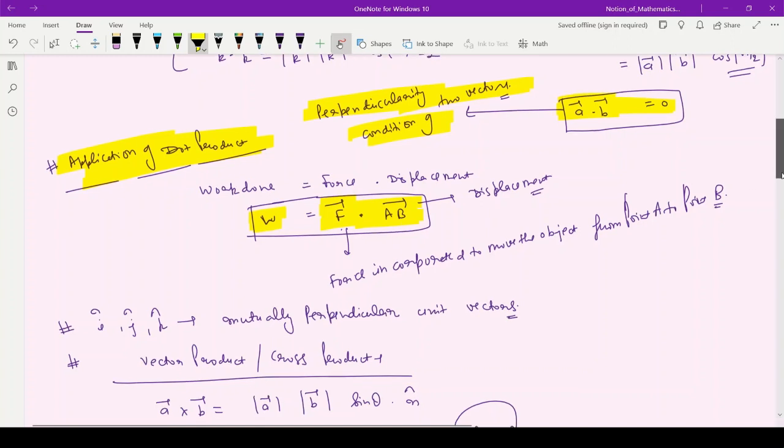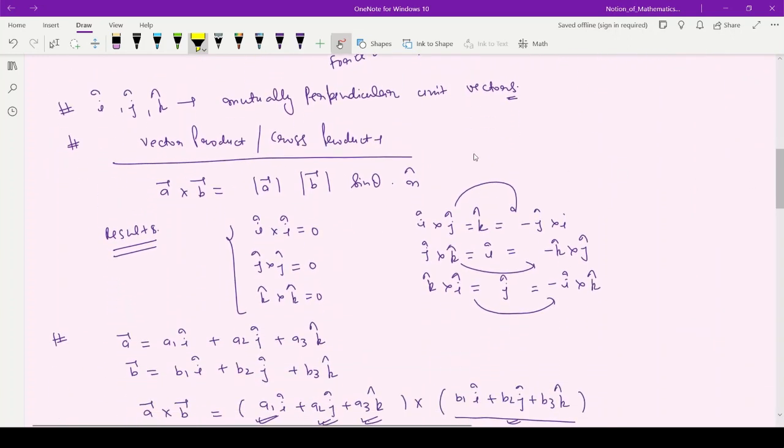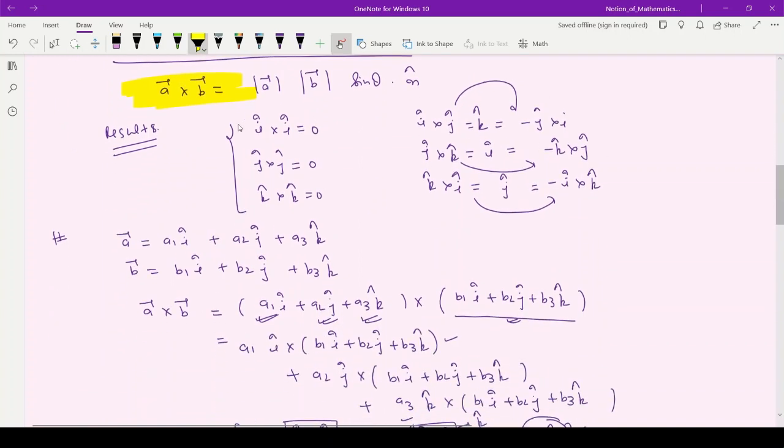Now after that one more remark was discussed, and thereafter we went for the vector product, and I discussed definition of this vector product or cross product and few results based upon this cross product.